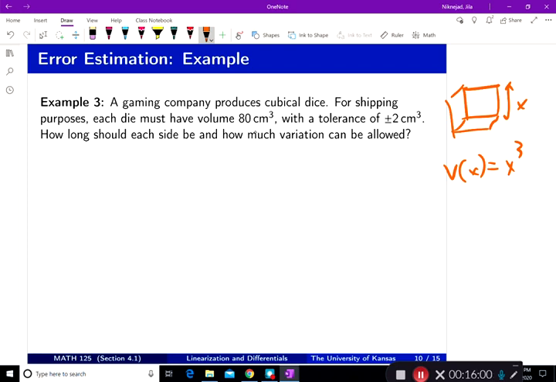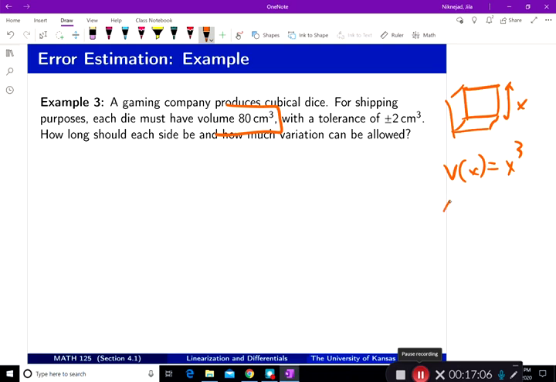And I know that my x measurement has error of plus or minus delta x. V of x is x cubed, and we want the output to be 80 cubic centimeters, and the tolerance of the output is plus or minus 2 cubic centimeters.